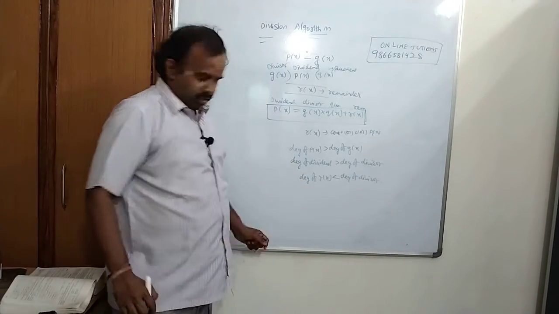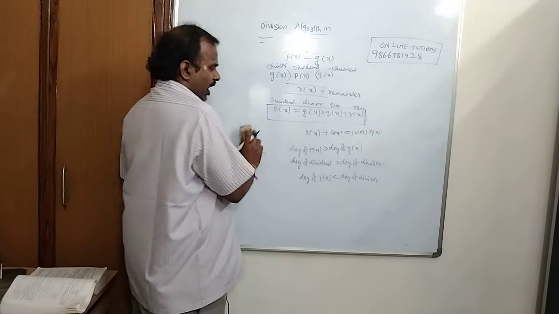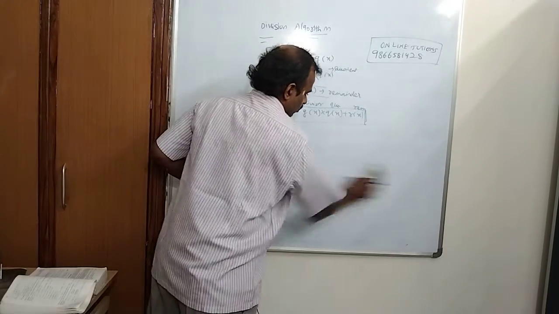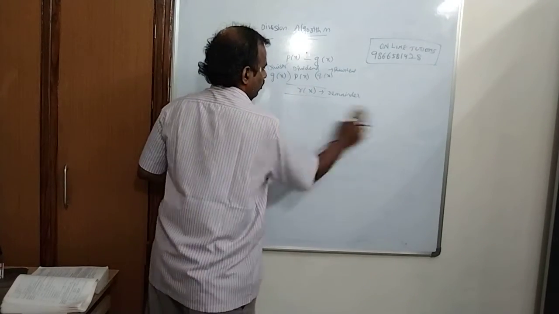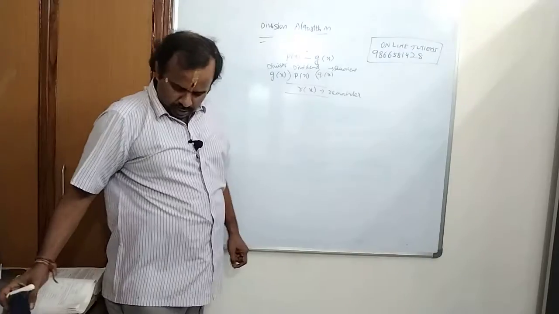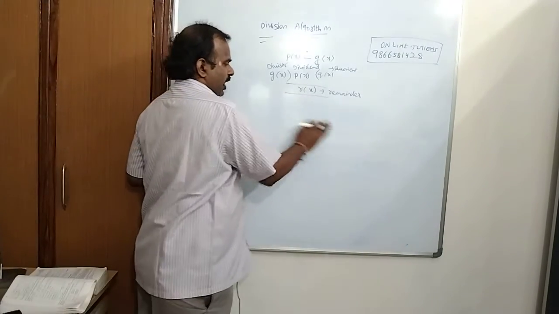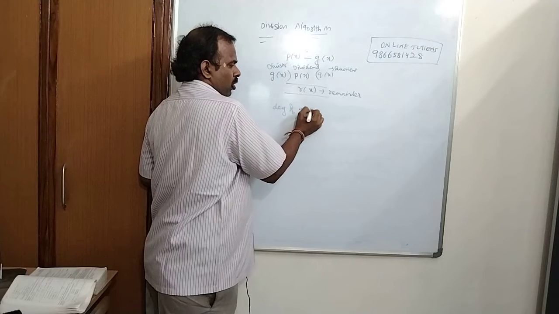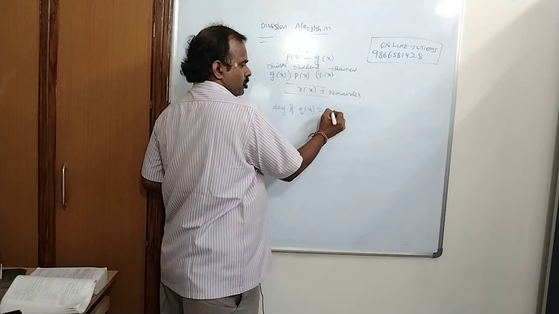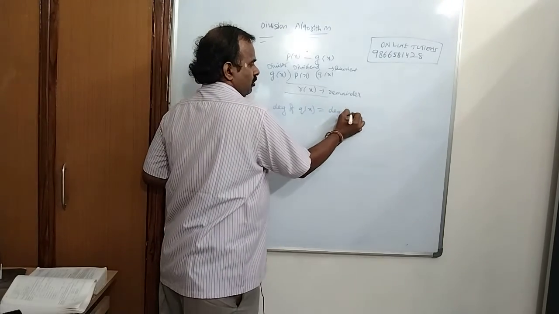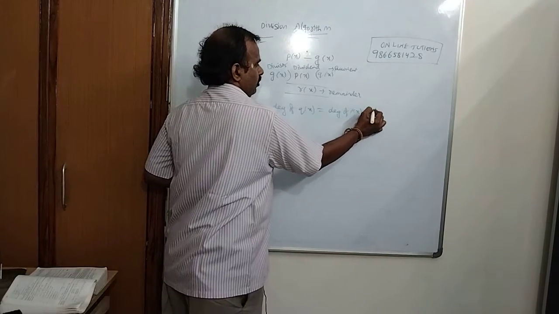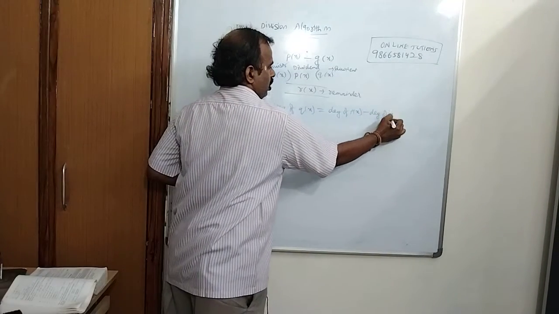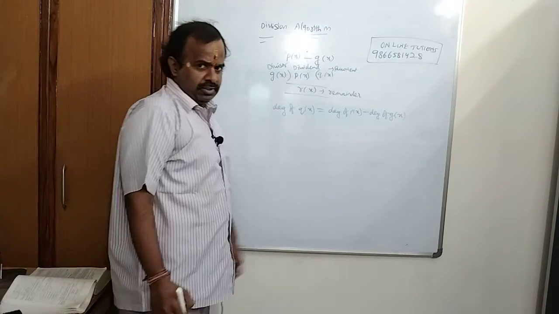Then how to find the degree of q of x? The degree of q of x is equal to the degree of p of x minus the degree of g of x.